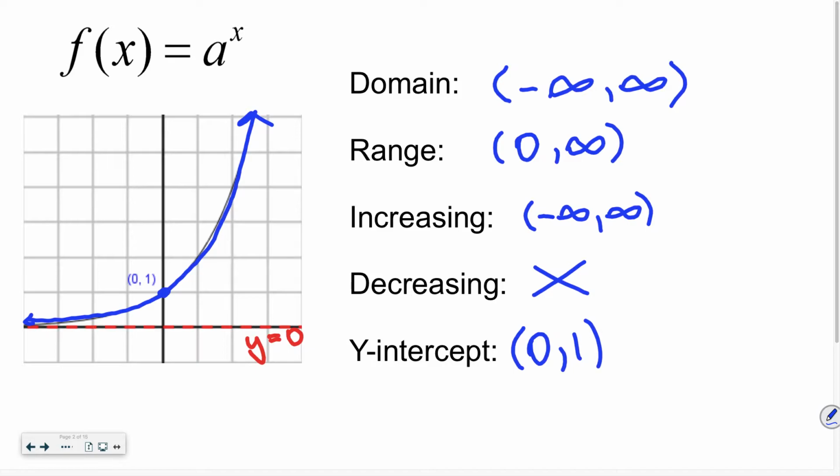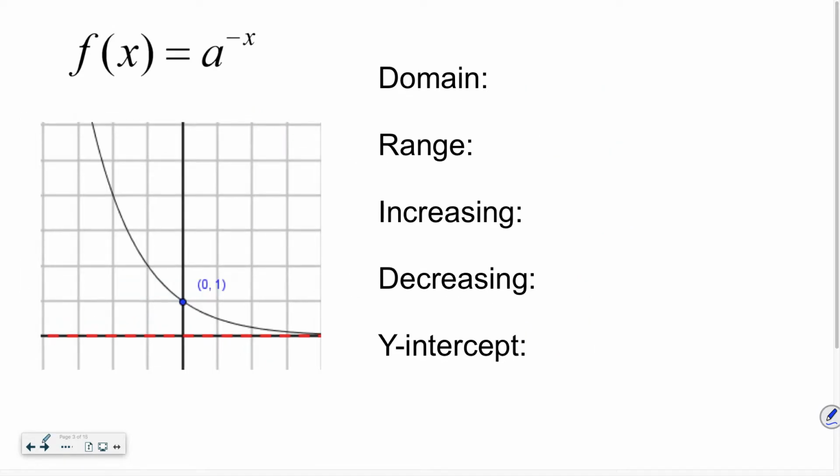All right, pod 1, what's going to happen? It's going to start decreasing. A to the x, here's a to the negative x. We like to call this exponential decay.